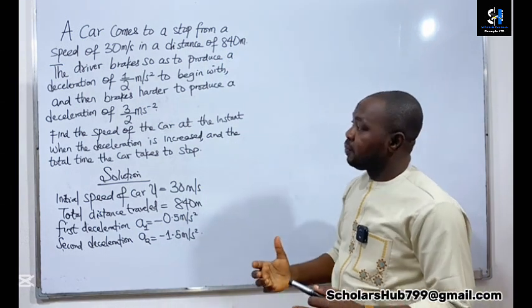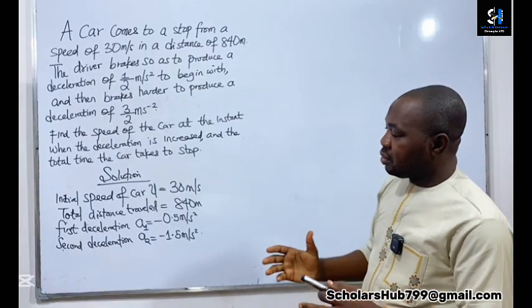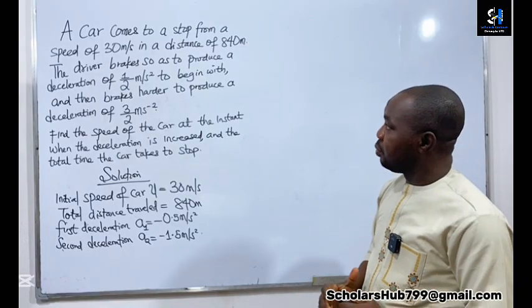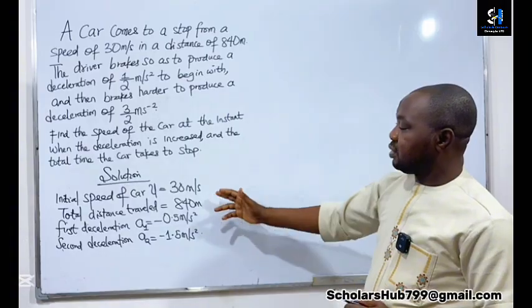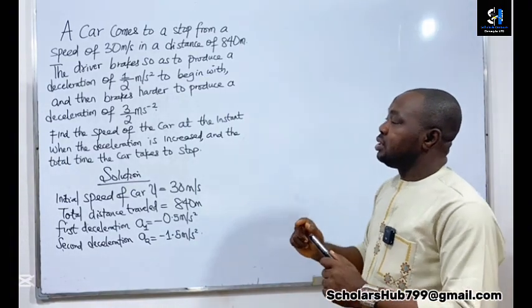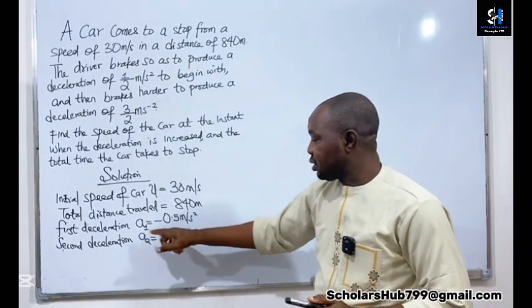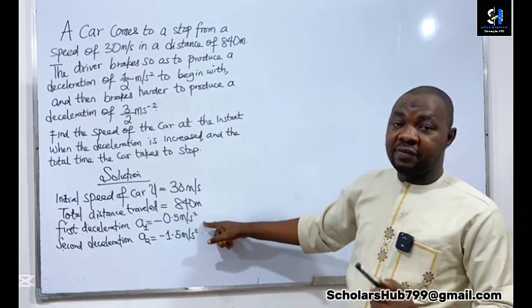So first things first, what we need to understand as far as the question is concerned is that the car comes to a stop from an initial speed of 30 meters per second. So we need to calculate the speed during the first deceleration. That is the final speed of the first phase.